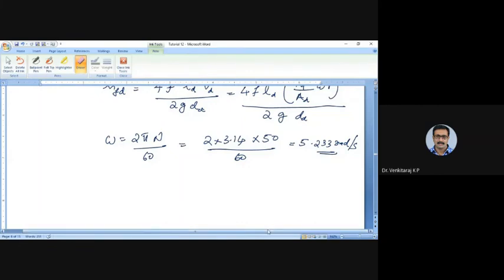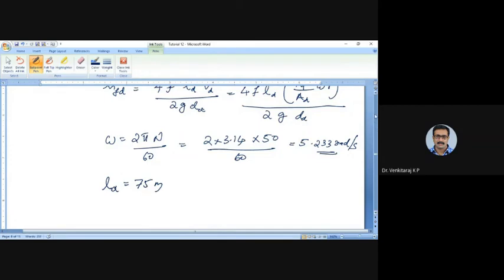So a small correction we have to make. Now in the problem, the length of the delivery pipe I have mentioned as 75 centimeter, make it 75 meter. So L_D equal to 75 meter. It is not 75 centimeter.